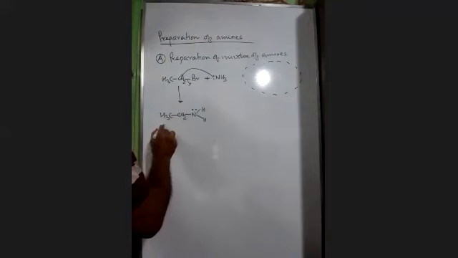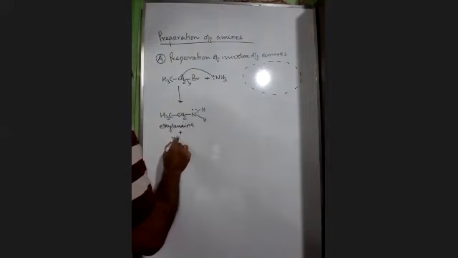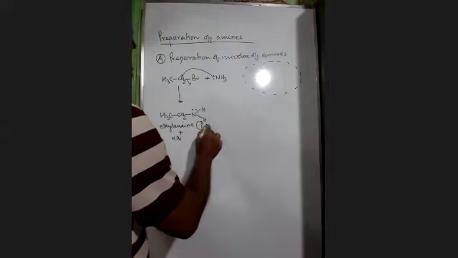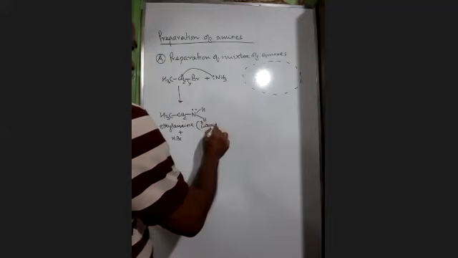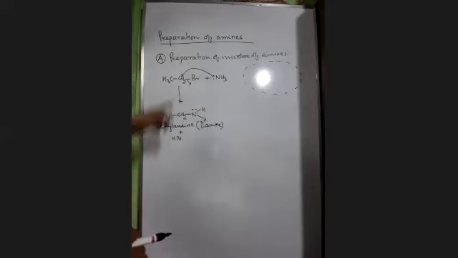So this is called ethylamine, plus HBr. So what is this? This is primary. Okay. See here, very interesting thing. Ammonia is a nucleophile, so it has undergone nucleophilic substitution reaction.